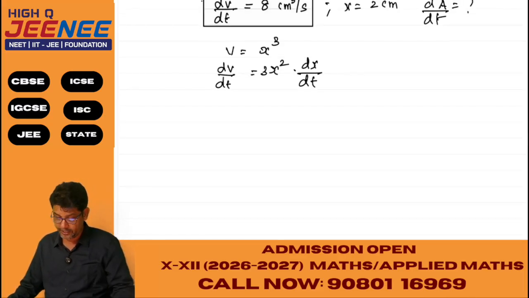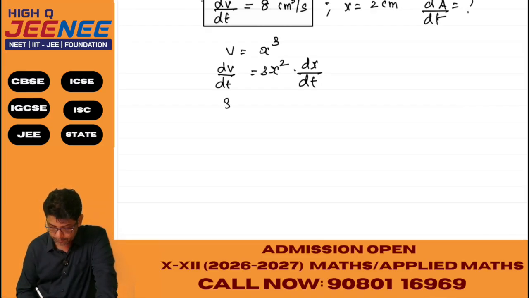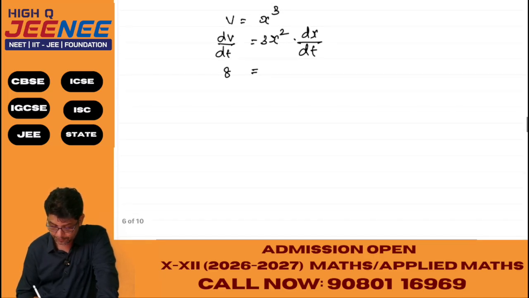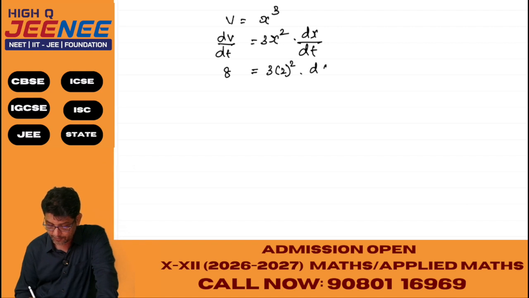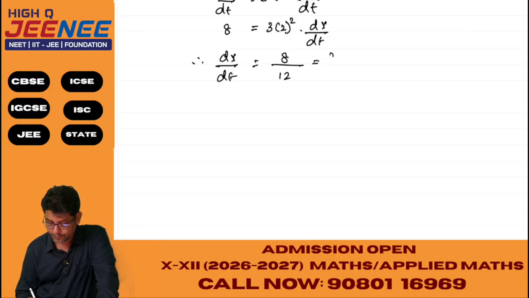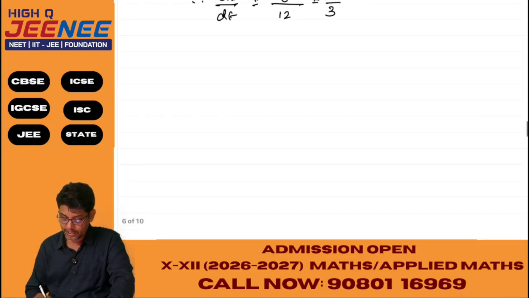Now, is dV by dt given? 8. Is x given? 2 centimeter. And dx by dt. So can you please tell me what dx by dt is? dx by dt is 8 by 12. Am I right? Is it nothing but 2 by 3? This is our dx by dt.